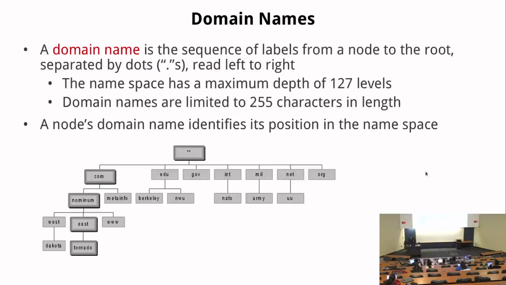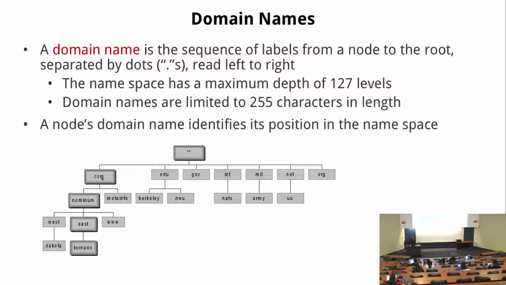A domain name is the sequence of labels from a node to the root. Usually when we have a domain name, we read it from left to right, so the leftmost maps to a node, like a leaf node, and eventually we map to the root, which is empty. They are separated by dots. For example, the root node is nothing.